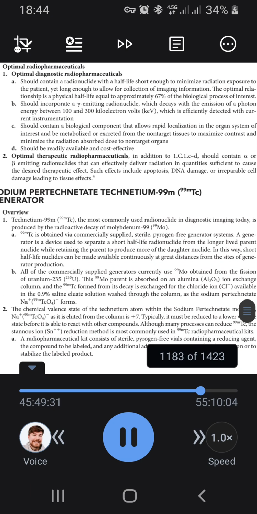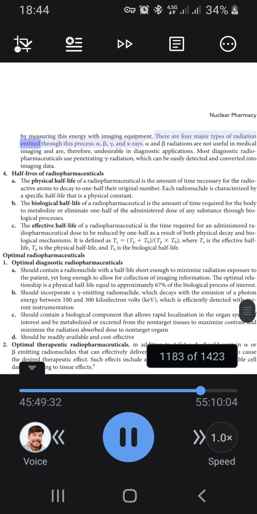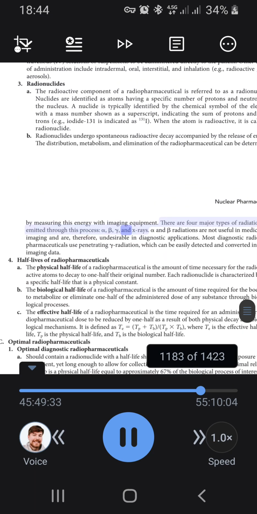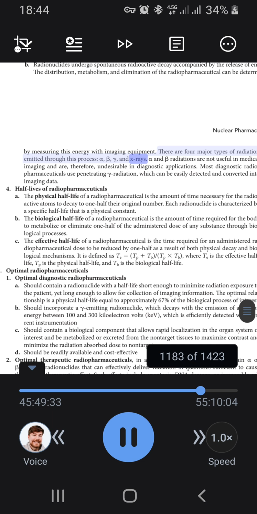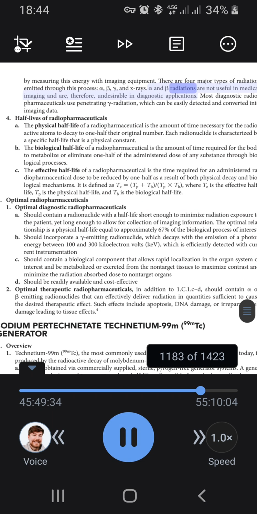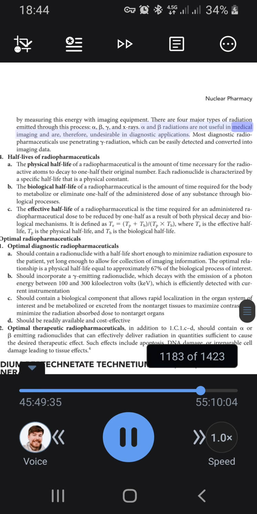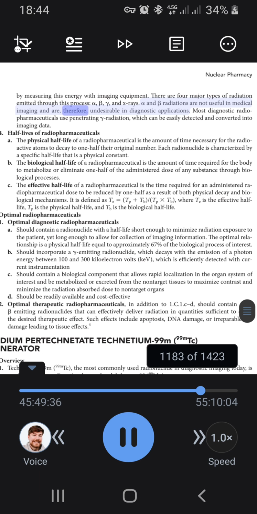There are 4 major types of radiation emitted through this process: alpha, beta, gamma, and X-rays. Alpha and beta radiations are not useful in medical imaging and are, therefore, undesirable in diagnostic applications. Most diagnostic radiopharmaceuticals use penetrating gamma radiation, which can be easily detected and converted into imaging data.